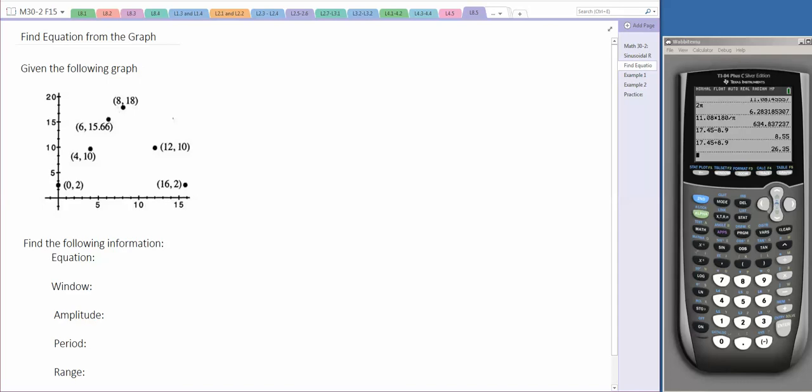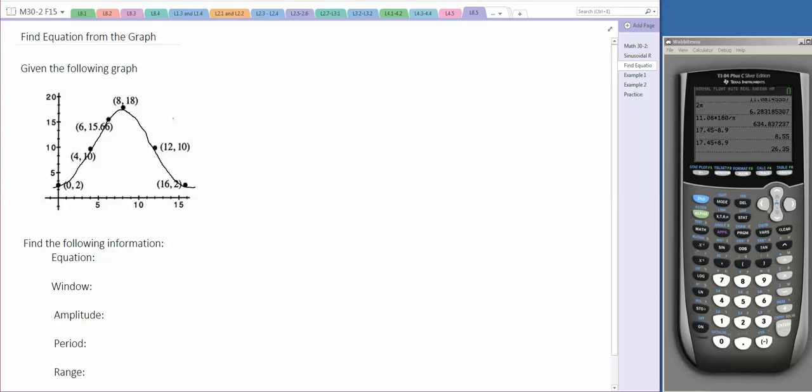So we can see, if I draw this fairly carefully, that we've got a sinusoidal pattern happening here, and we can find the equation. We can enter the data, but let's do this just by looking at our values to start with.